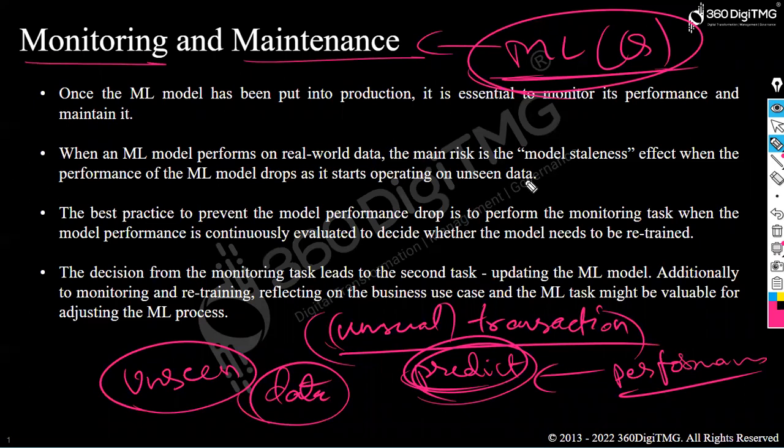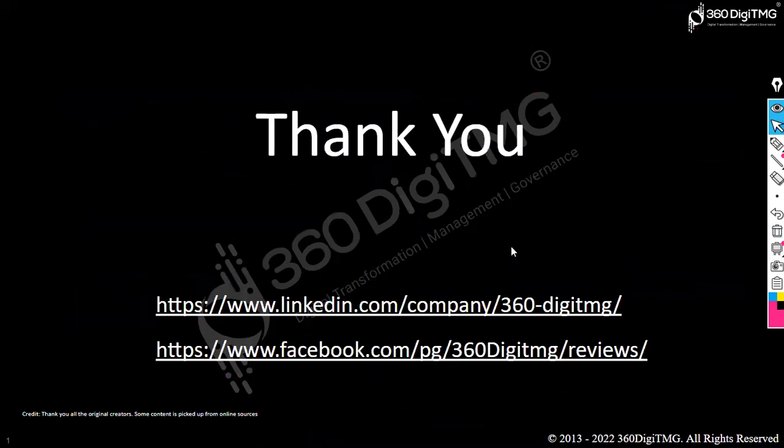So this is all about CRISP-MLQ, which we follow for any data science project, which gives you all the details of how we need to proceed, how we need to do the data cleaning, preparation, and processing, where exploratory data analysis is an important step to understand.